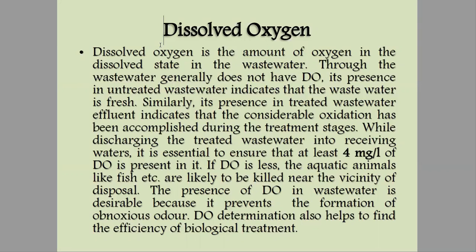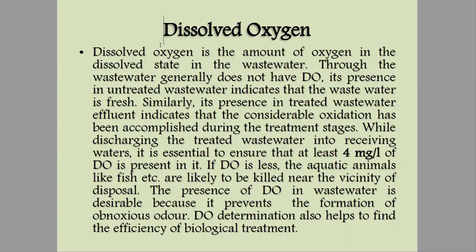While discharging the treated wastewater into receiving waters, that may be natural drainage systems, or rivers, lakes, ponds, before discharging we need to know the dissolved oxygen content of that water. And why do we need that?